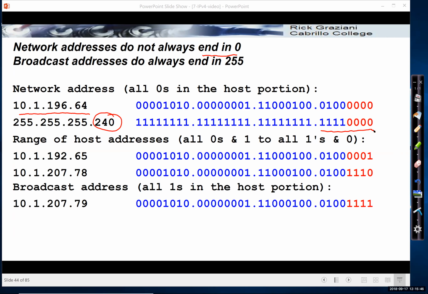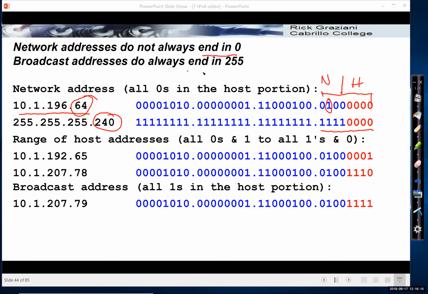If we look at this last octet, the first 4 bits belong to the network, the last 4 bits belong to the host. Because we have a 1 in the network portion of the address, this is going to be a 64, not a 0, because of the 1 placed in the 64 column. So network addresses do not always have to end in 0.